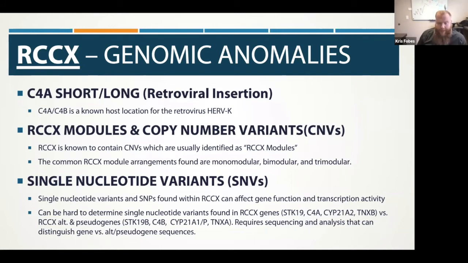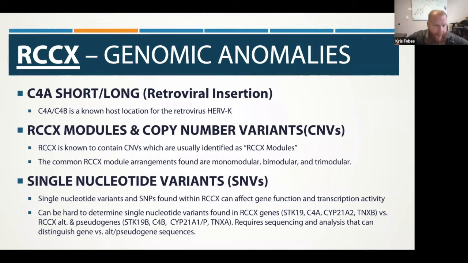The SNVs and SNPs can affect gene function or expression. Those can be commonly seen. We can find rare ones, and they all have slightly different effects on the function of the gene, its activity, and possibly the transcription or expression of the genes they are associated with.